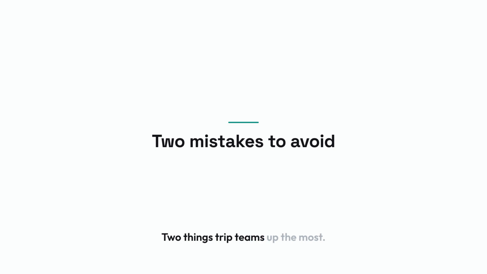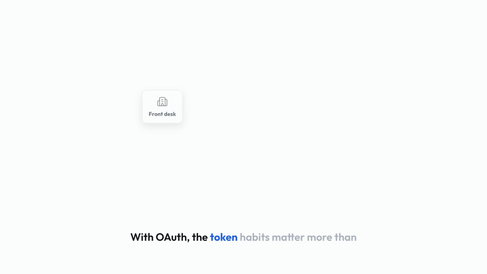Two things trip teams up the most. With OAuth, the token habits matter more than the code itself. Two mistakes catch people most often. First, fetching a new token on every call. This is the most common one. The whole reason a token has an expiry is so you reuse it in the meantime. If you grab a fresh one every time, your token requests grow with the number of calls.